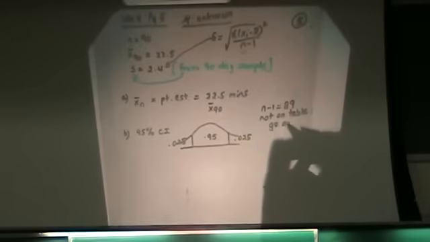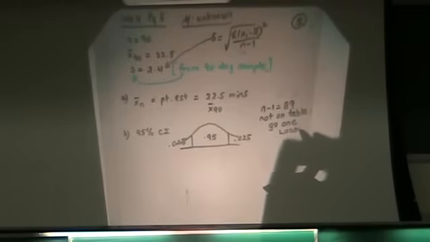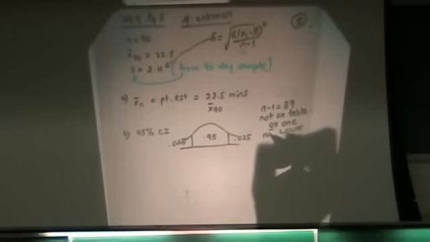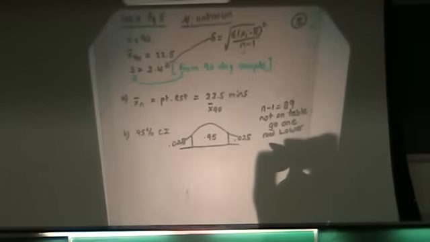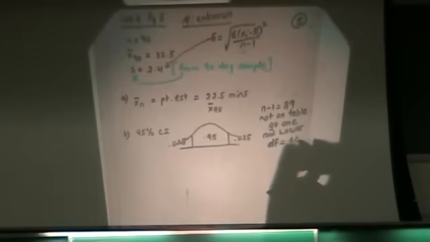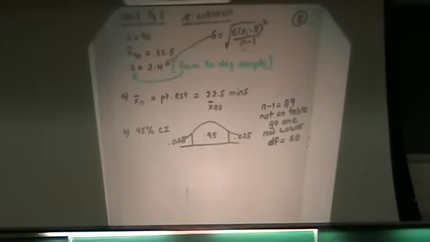So go one row lower than that, which is 60 degrees of freedom. That's the best I can do because I don't have that number for 89 degrees of freedom. Follow? So you always go down.